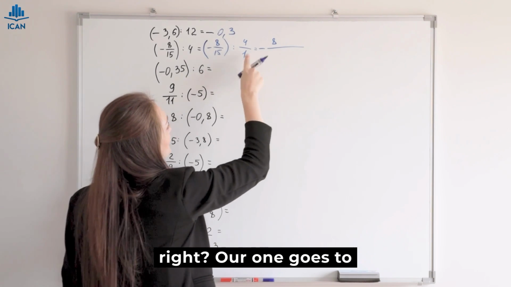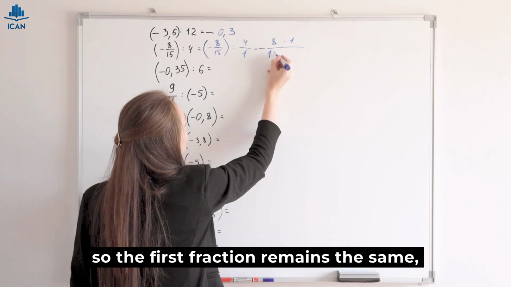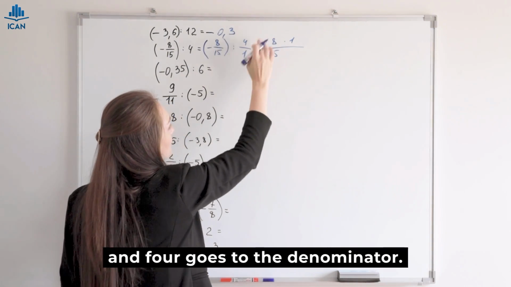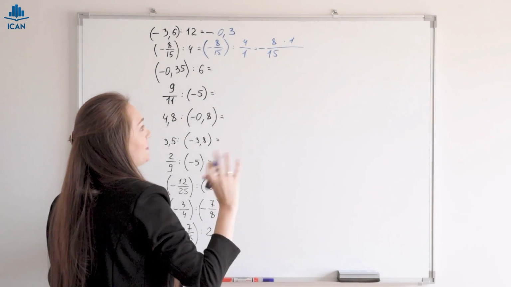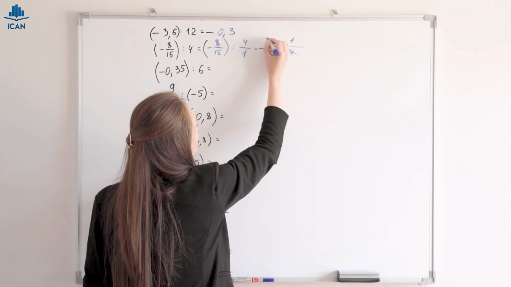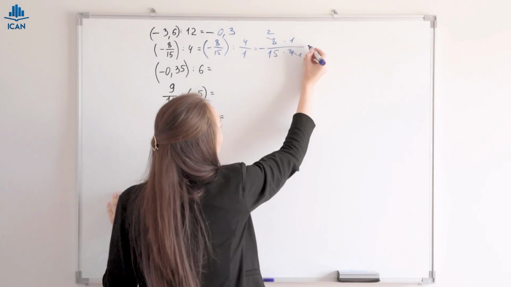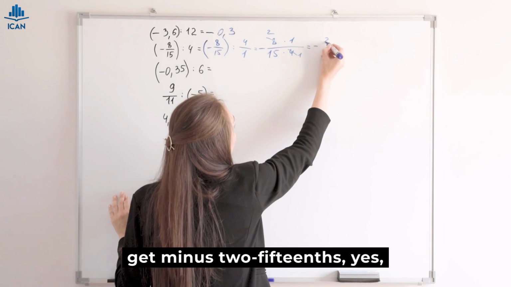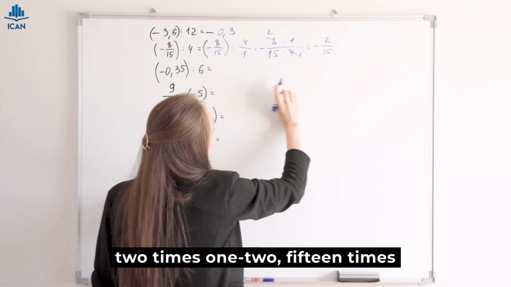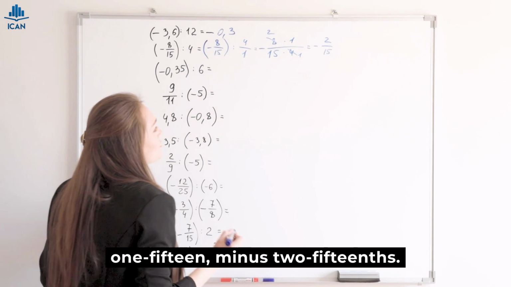Our 1 goes to the numerator, 15 stays here, so the first fraction remains the same, and the second fraction flips and 4 goes to the denominator. Let's simplify here. 1, 2, right? And in the end, we get minus 2/15. Yes, 2 times 1, 2, 15 times 1, 15, minus 2/15.